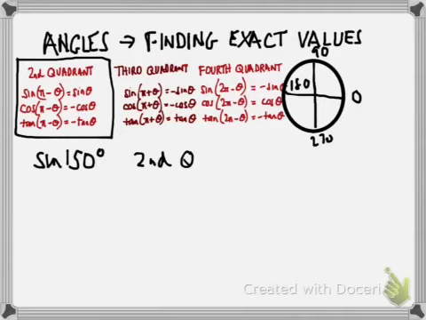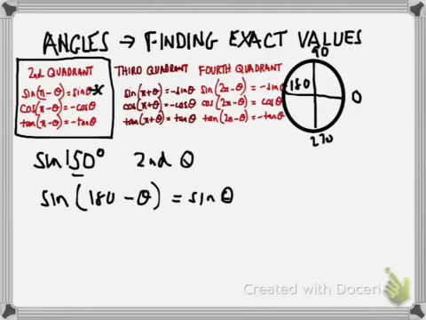Now, when we use degrees, instead of using pi, we're going to use 180, because pi and 180 are the same thing. I've got 9 little rules there, so I'm narrowing it down to the rule I want. It's second quadrant because it's 150, and it's sine. So I put a little asterisk next to it. That's the rule I'm after out of those 9 rules. I'm going to copy that rule down, but instead of using pi, I'm going to use 180 because I'm using degrees. We'll use pi when we start using radians.